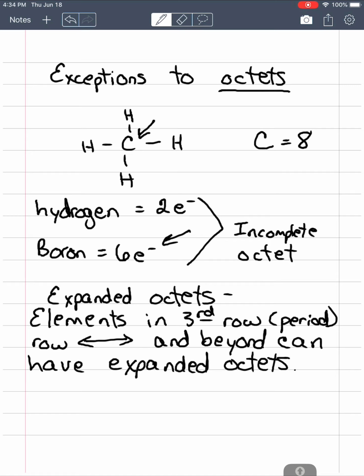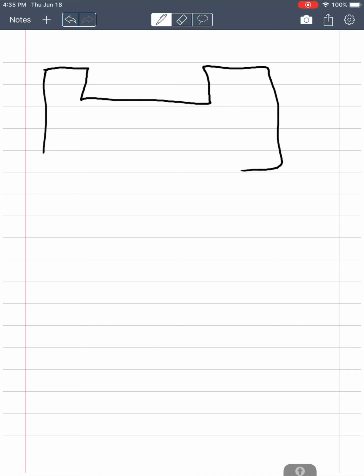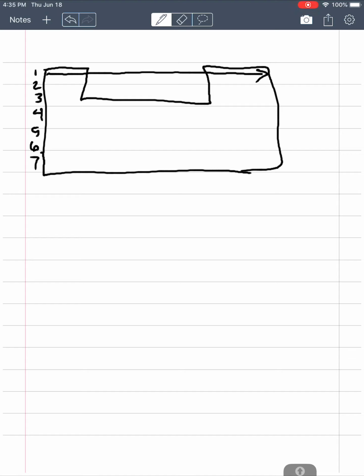All right, so let me show you what that means. If we're looking at the periodic table and we're wanting to look at the periods, we've got 1, 2, 3, 4, 5, 6, 7, and so forth. This is the first row, no expanded octet.